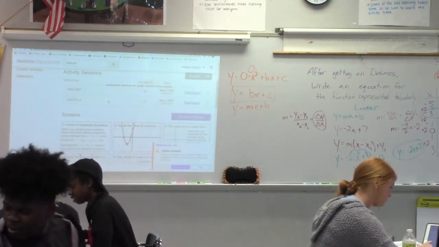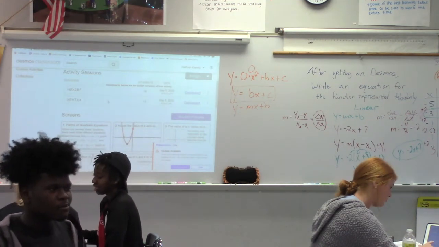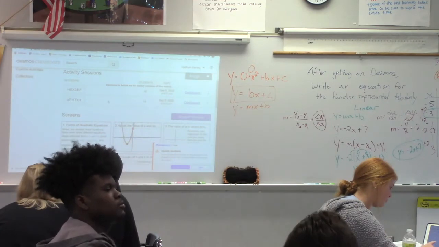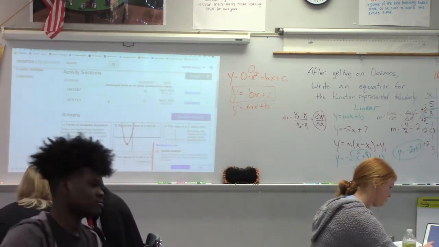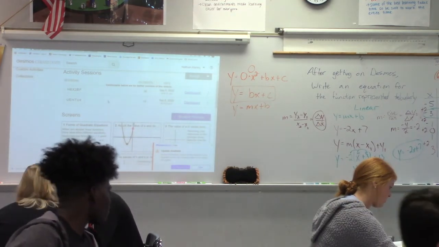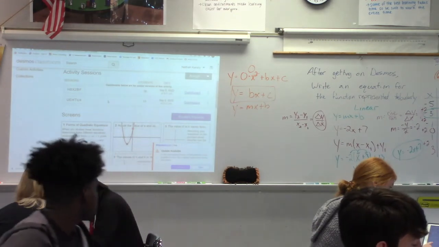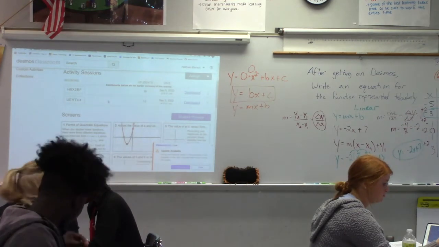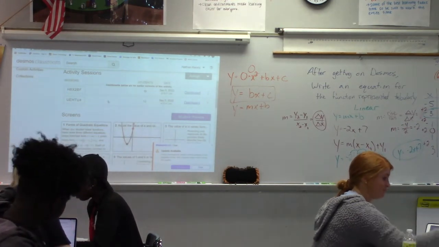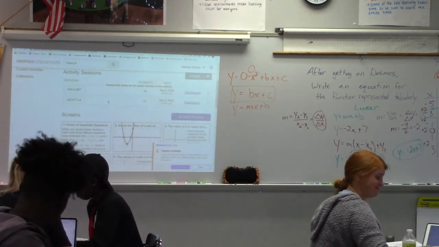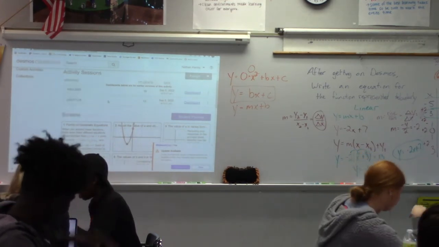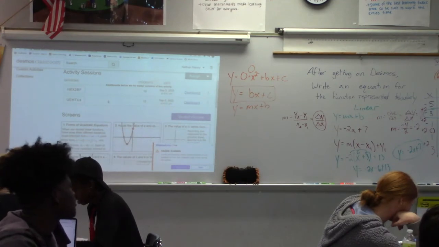My question is, what is that red point? It's where the function intersects the y-axis, right? Does anyone know what those two other points might be called? Is it where it's intersecting the x-axis? I don't think so.